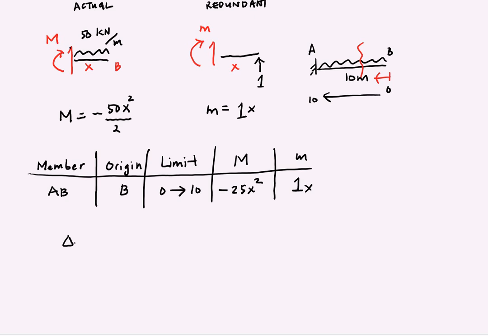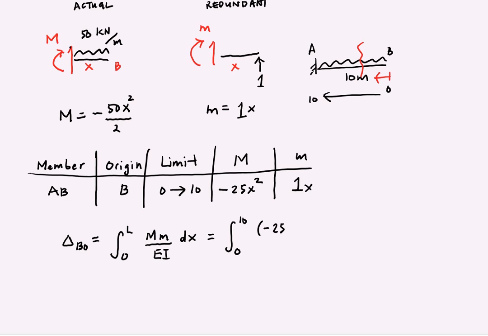Delta capital B naught is simply the integration from 0 to L of capital M small m over EI dx. Basically this would be the integration from 0 to 10, where capital M is negative 25x squared, small m is x, divided by EI dx.